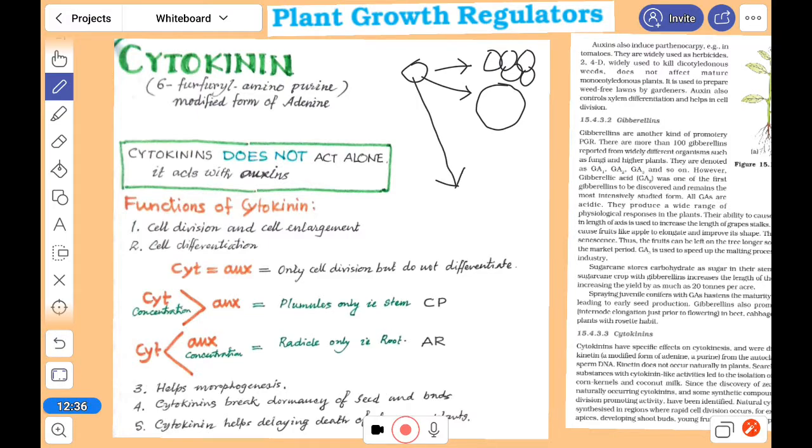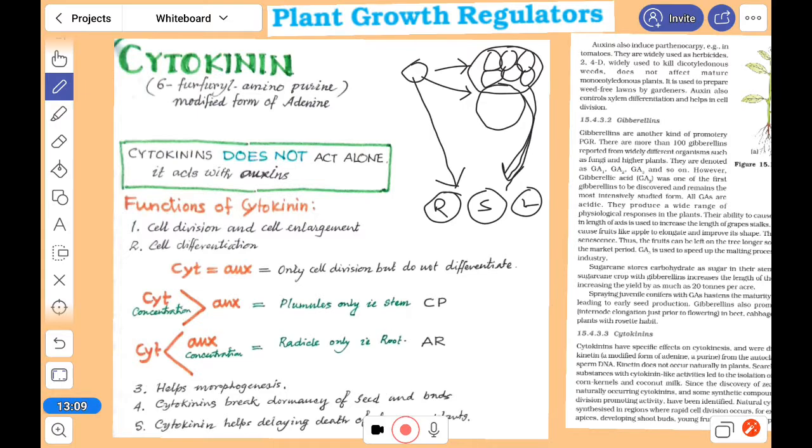Differentiation is when cells which look alike convert into different forms. Suppose this will become root, this will become stem, this leaf, and so on. It means these are at first look the same, then afterward they become different. That is called differentiation. So first growth, then differentiation.